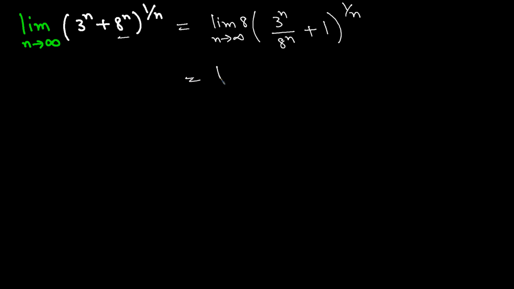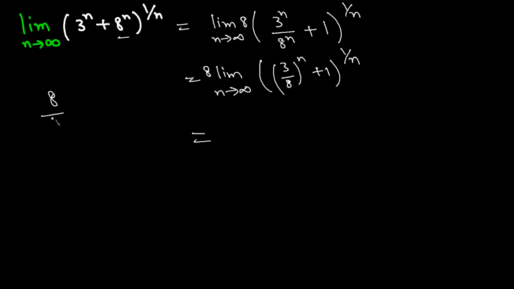So that can be rewritten as the limit as n approaches infinity of 8 times (3 over 8 raised to the power n plus 1) raised to the power 1 over n. You know this fraction is less than 1. That's why I take 8 out. If I take 3 out, it becomes 8 over 3 raised to the power n, and as n approaches infinity, this number keeps getting bigger and bigger.